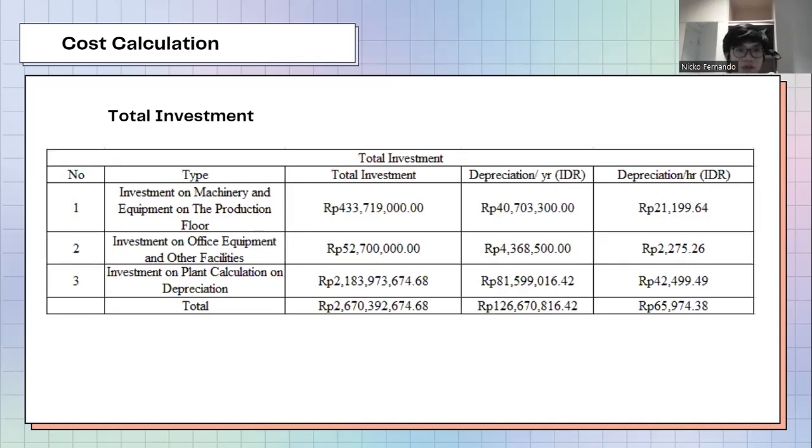If we total all of the investments, the depreciation per year is 126,670,816.42 rupiah. If we convert to hours, we get 65,974.38 rupiah.